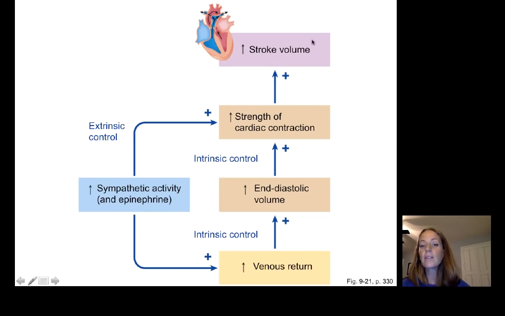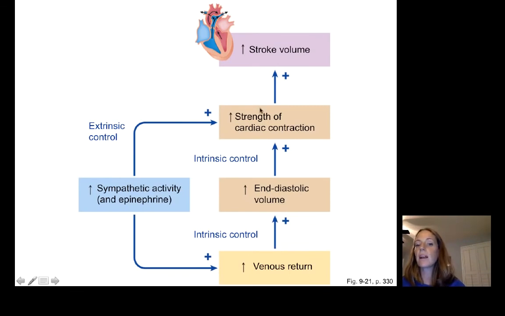So we can increase stroke volume by increasing venous return and by increasing sympathetic nervous system activity. So here's the role of the sympathetic nervous system, which will increase heart rate, increasing venous return, so more blood filling the heart, increases the end diastolic volume.